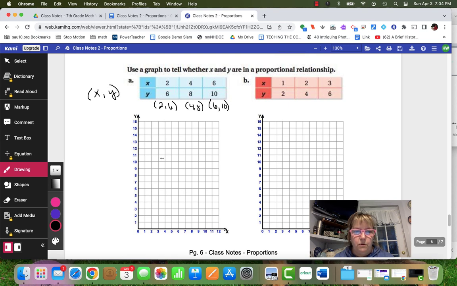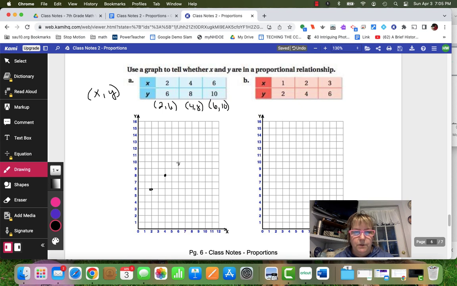The first number is always x, and the x-axis is always going horizontal, and the y-axis is always going vertical. So we have 2, 6. We go over 2, and then we go up 6, and we plot a dot. And then 4, 8. So I go over 4 and up to 8. And then 6 and up to 10.